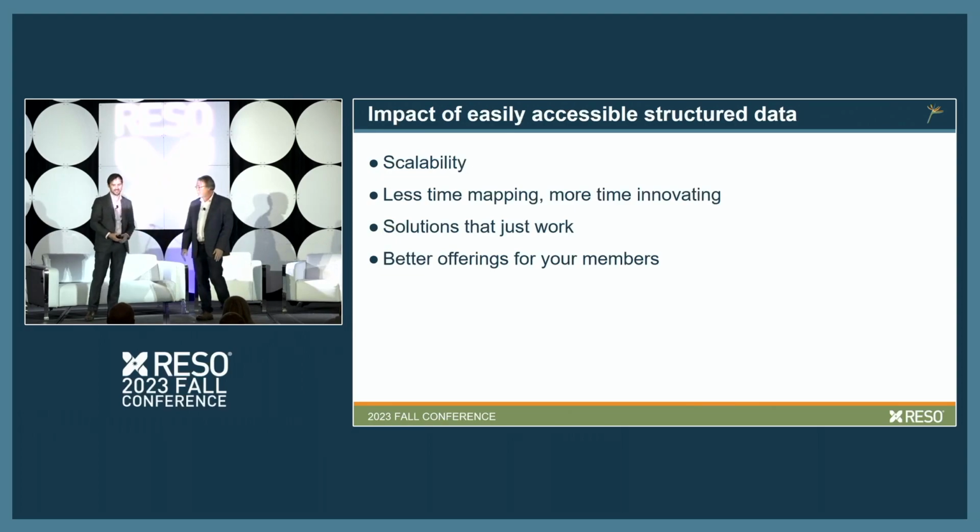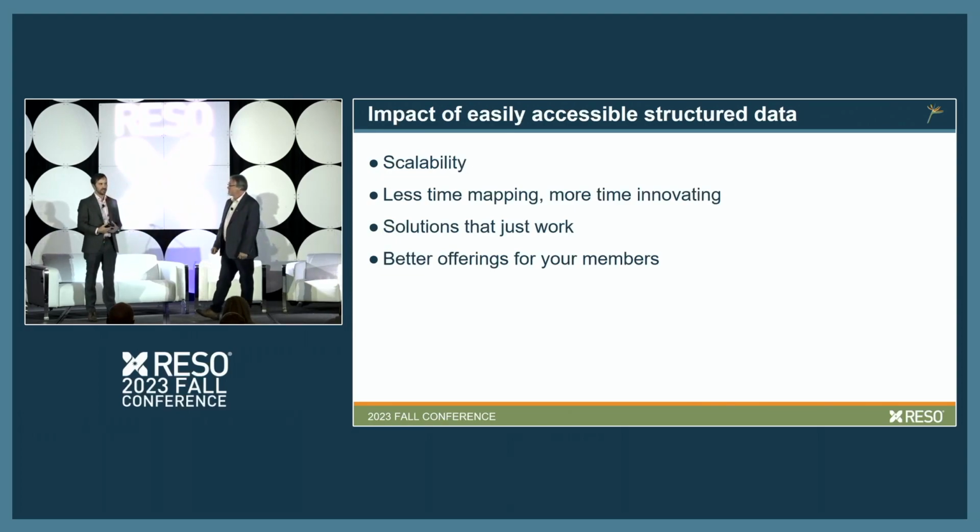Yeah, I think we at Restb have a great appreciation for how easy it was to work on this project because of the Web API and because of the standards, because we've done a lot of things in other international markets where there aren't standards to make things the same across different areas. Or we have to do custom mapping every single time that we work with a client. I think everyone here has an appreciation for mapping.